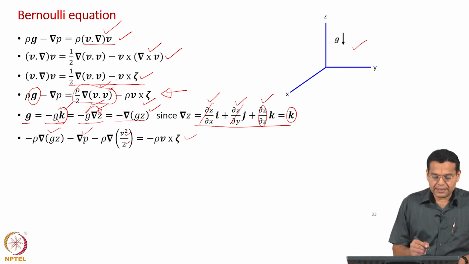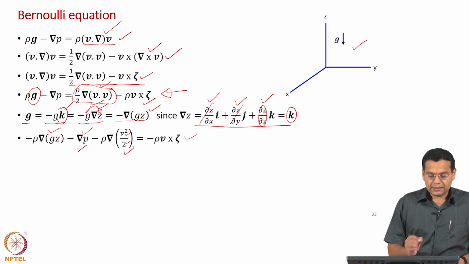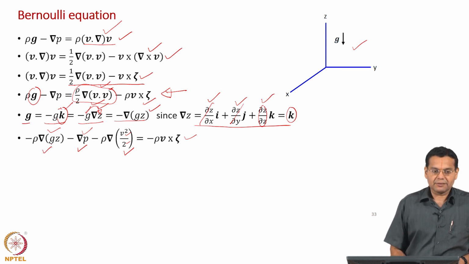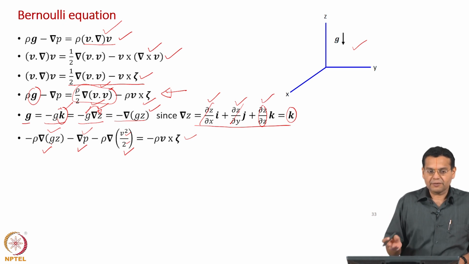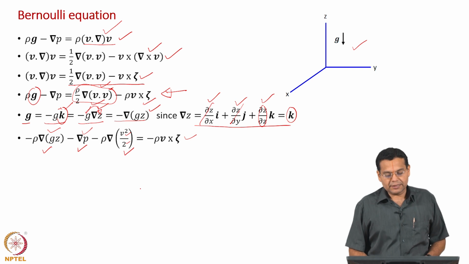You may be wondering why express g in terms of a gradient of g z. This is the reason: we have the gradient of p here, we have the gradient of v squared by 2, and so we also like to express the g vector in terms of the gradient of g z.